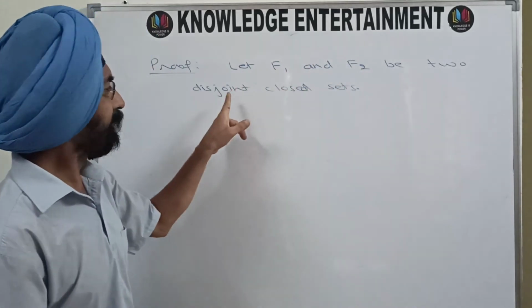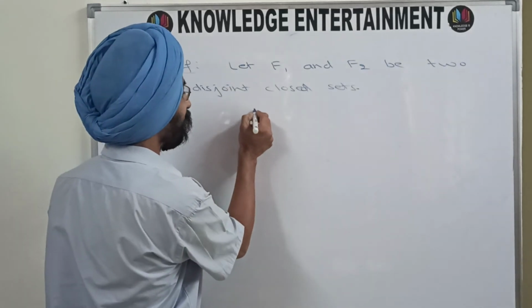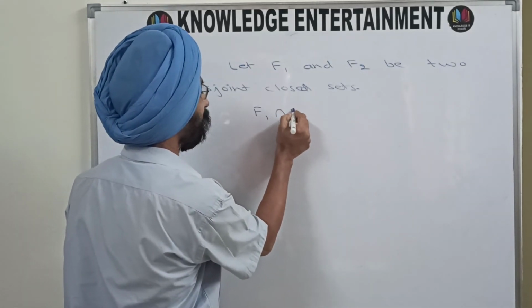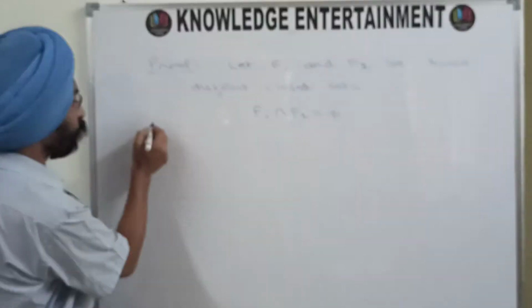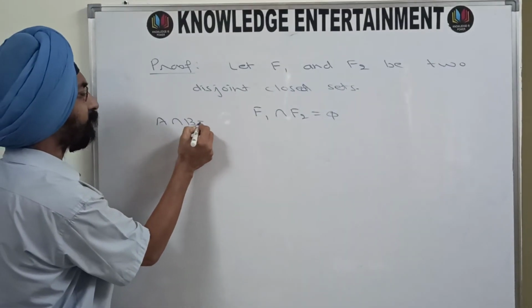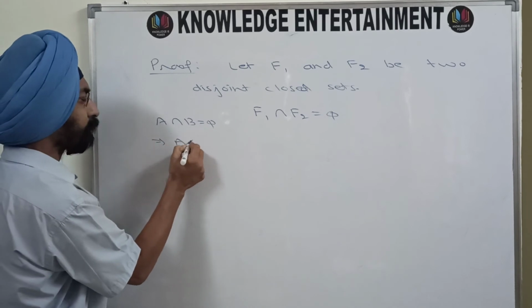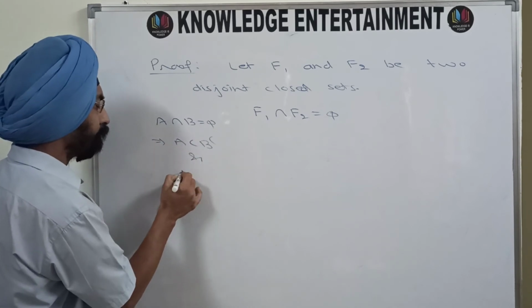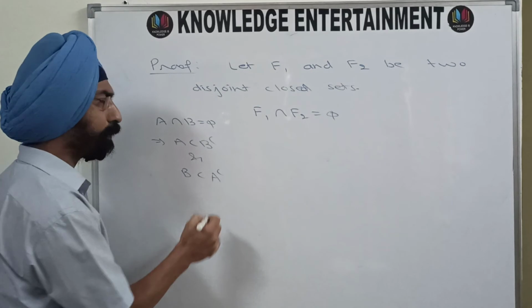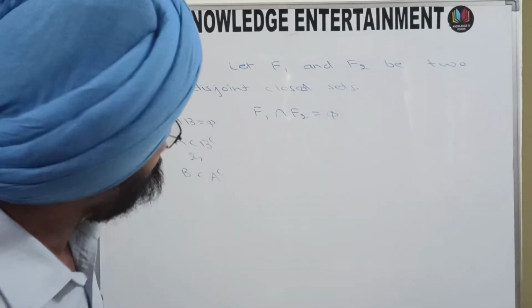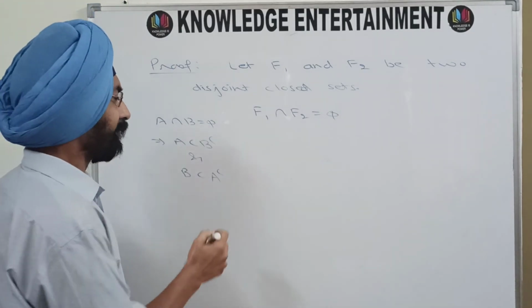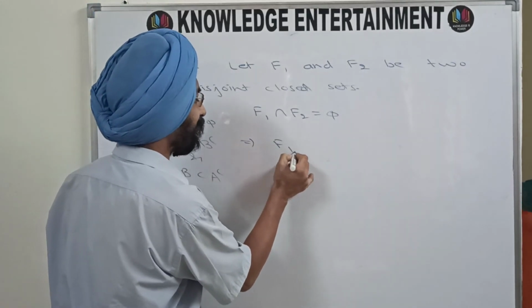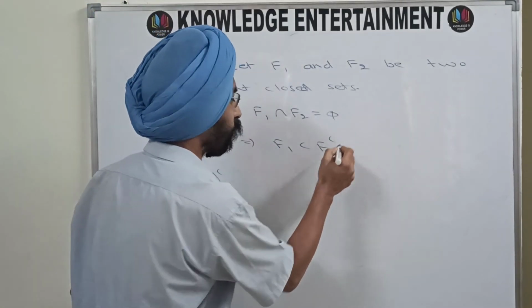F1 and F2 are disjoint. So that means their intersection is phi. And I have told you, if A intersection B is phi, then A is a subset of B complement and B is a subset of A complement. So once again here, F1 intersection F2 is phi.